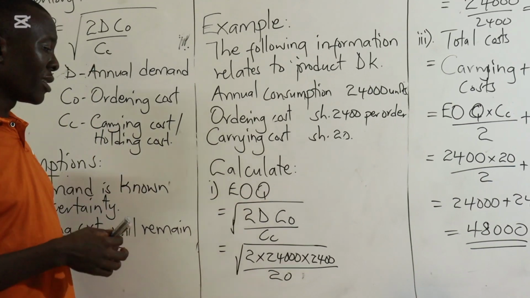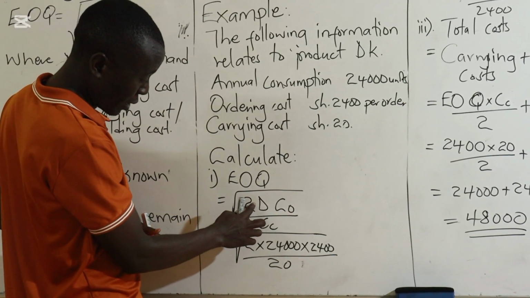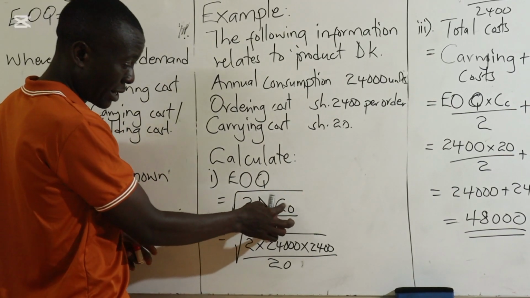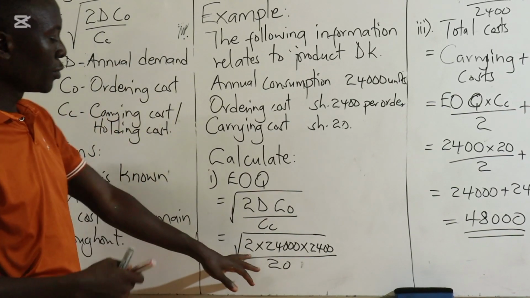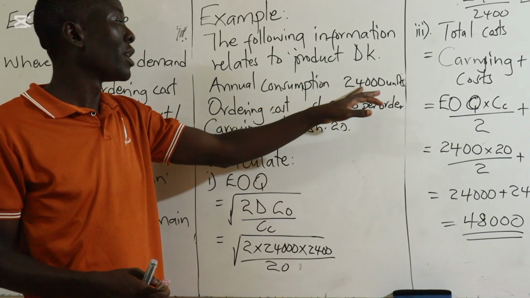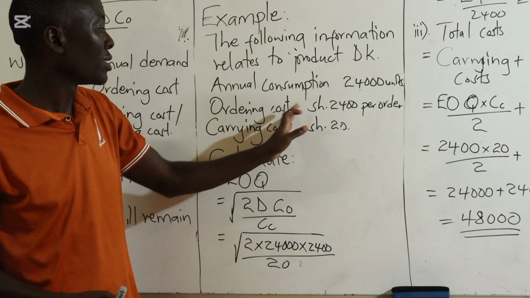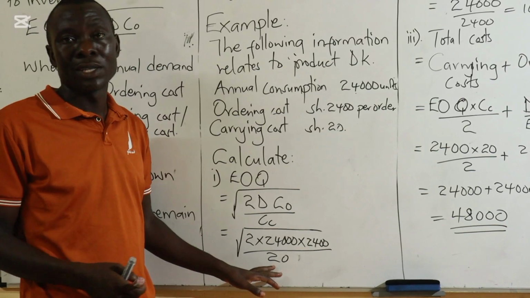We say the formula for calculating economic order quantity is the root of 2DCO divided by CC, which is the demand, ordering cost and carrying cost. Therefore, 2 times the demand, the annual consumption, which is the annual demand, 24,000. Then we multiply by 2,400, which is the ordering cost. Then we divide by the carrying cost, which is the holding cost, which is 20.